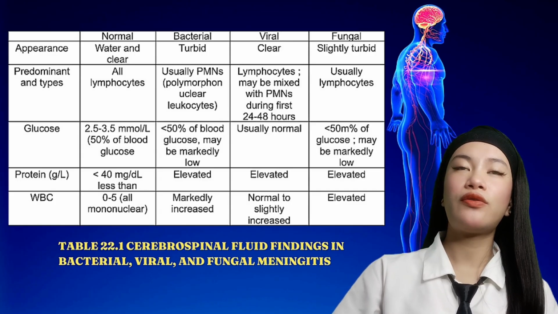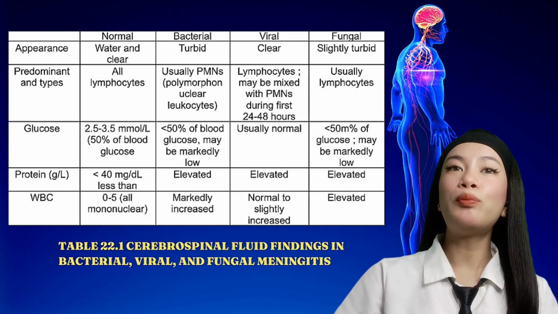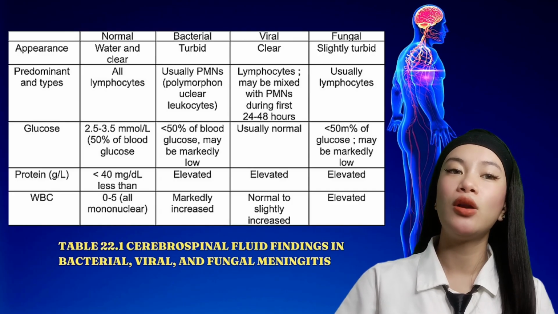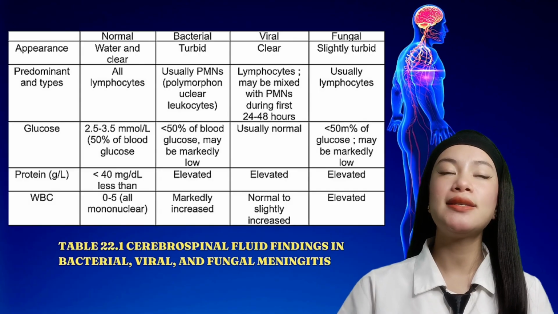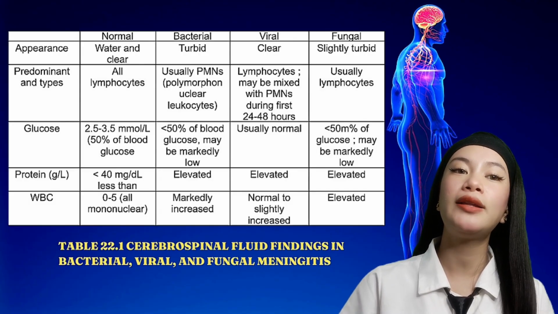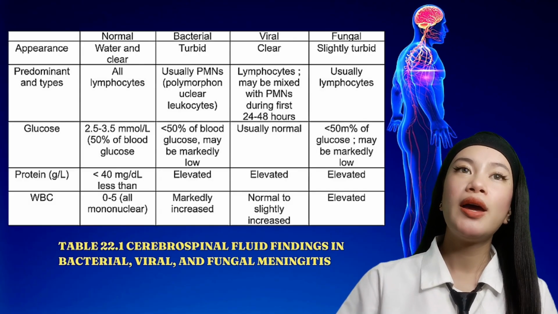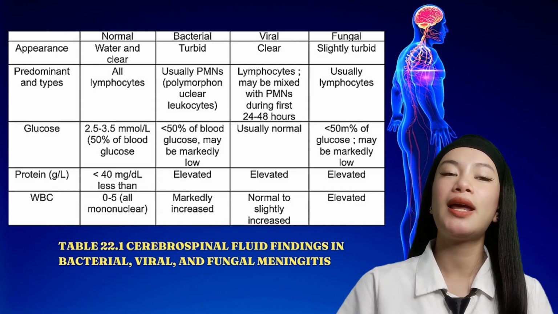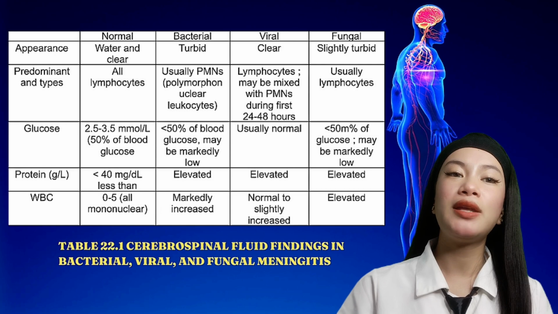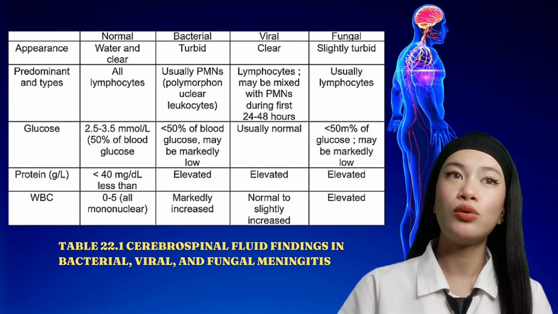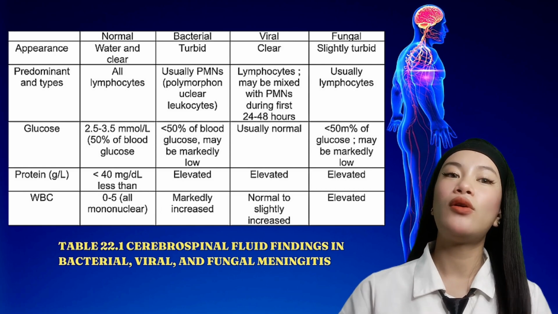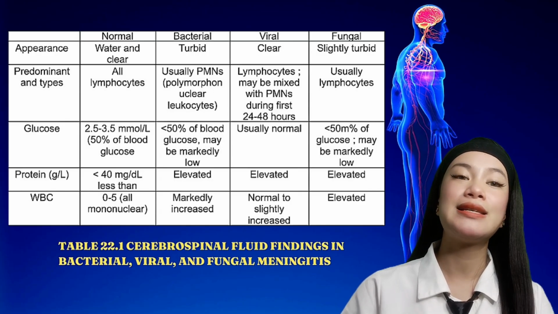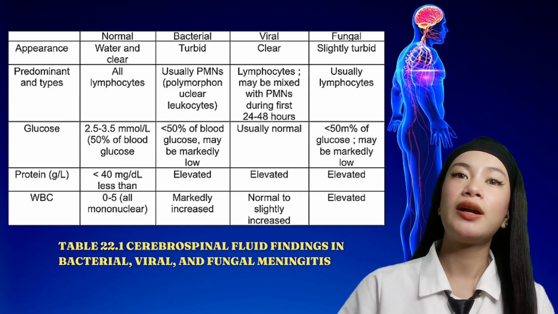And for glucose, normal is 2.5 to 3.5 millimoles per liter, which is 50% of blood glucose. For bacterial meningitis, it is less than 50% of blood glucose, maybe markedly low. For viral meningitis, it is usually normal. And for fungal meningitis, it is less than 50% of blood glucose, maybe markedly low. For protein, normal is less than 40 milligrams per deciliter.